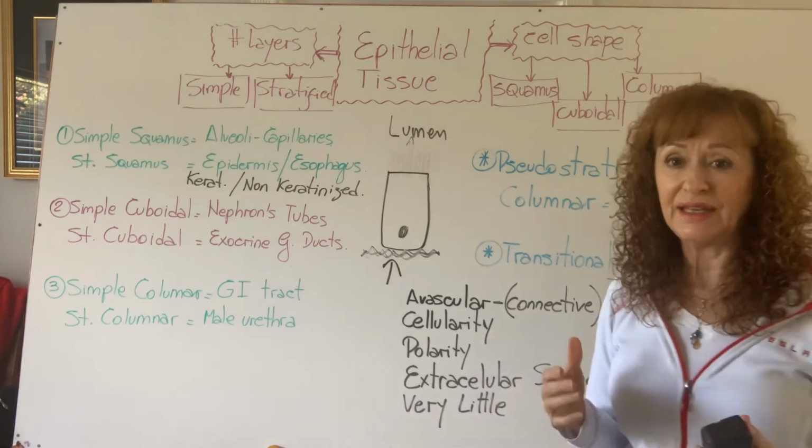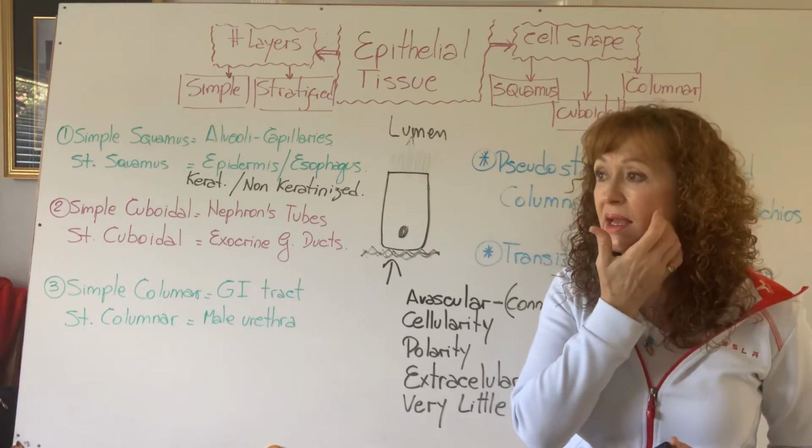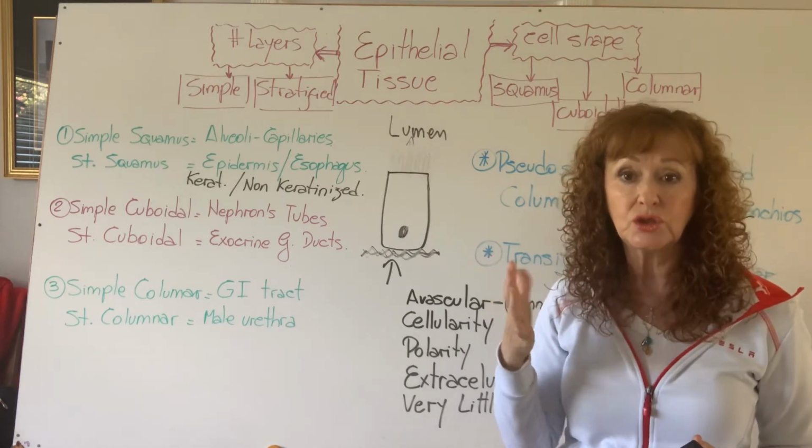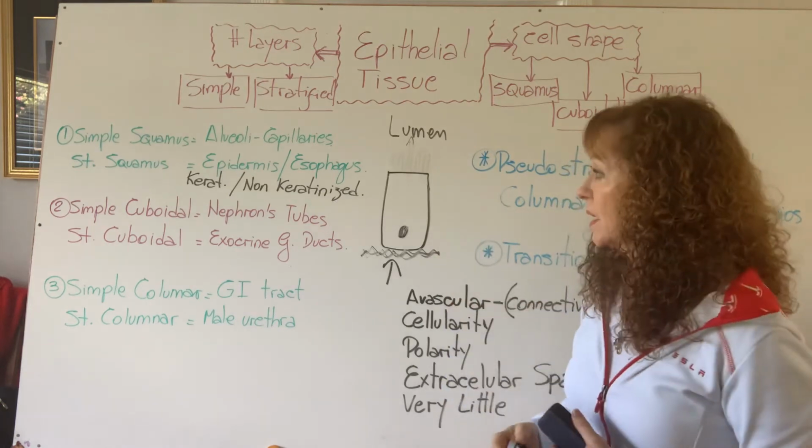When we have villi in epithelial cells, those villi are used to increase the absorption area.